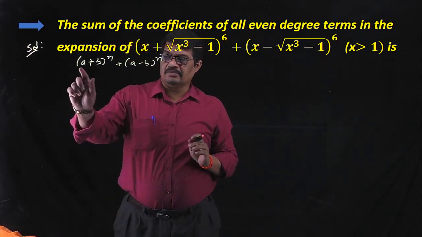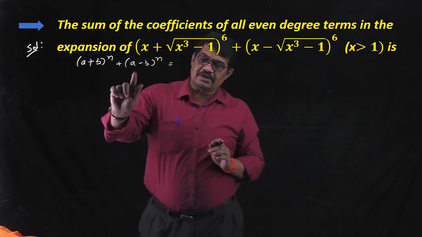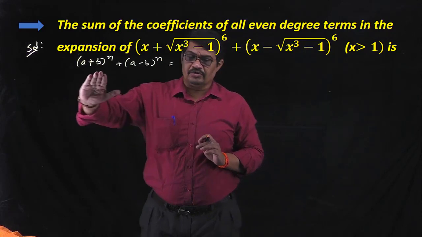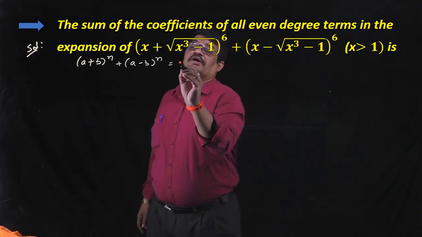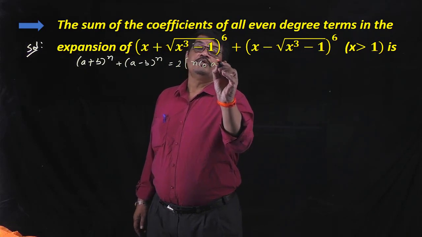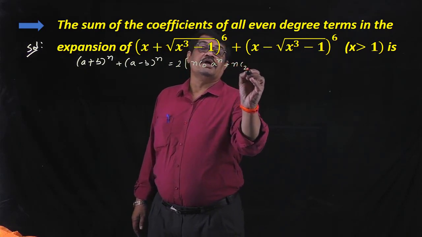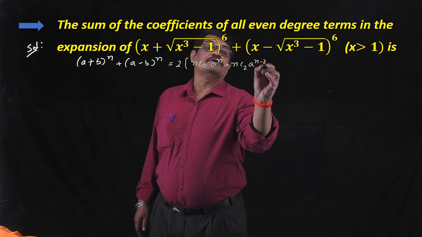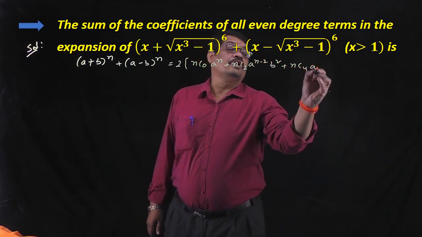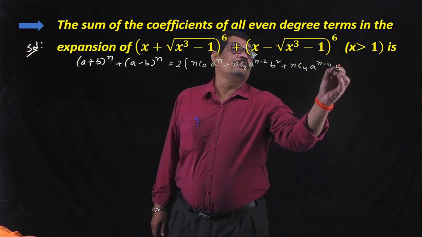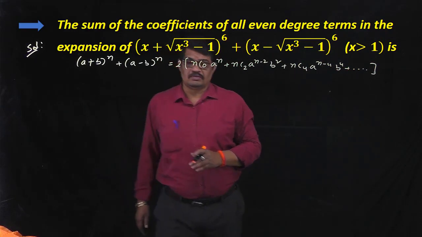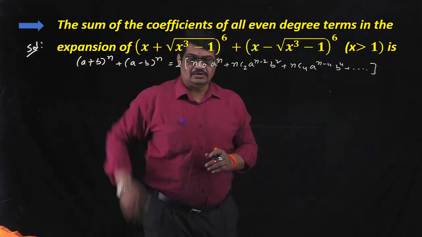The formula is 2 times of nC0 a to the power n, plus nC2 a power n minus 2 into b power 2, plus nC4 a power n minus 4 b power 4, and so on. Using this formula we are solving this problem.